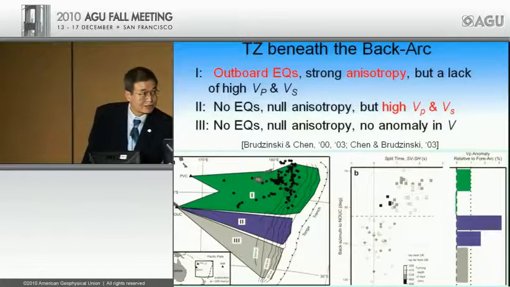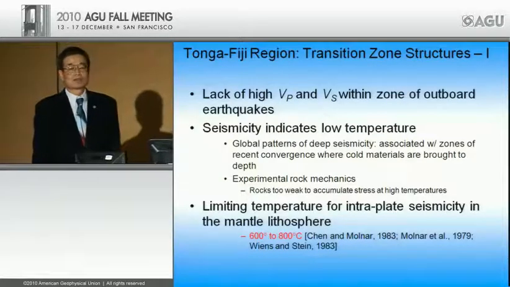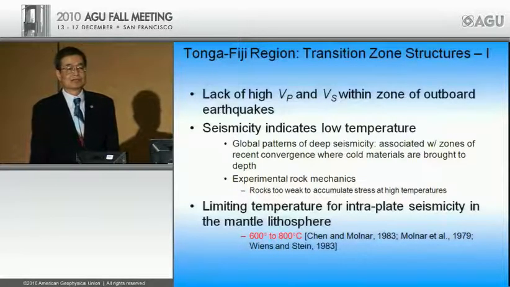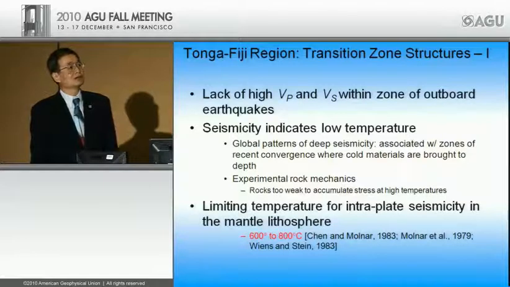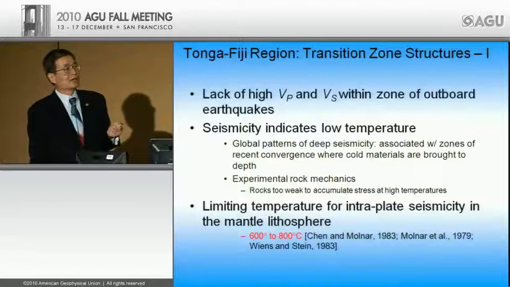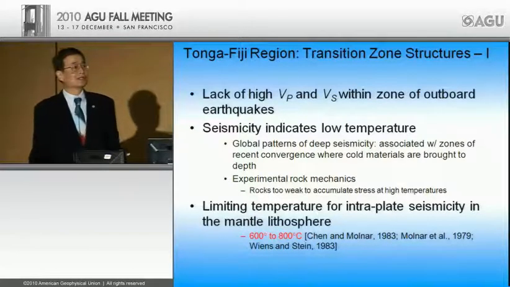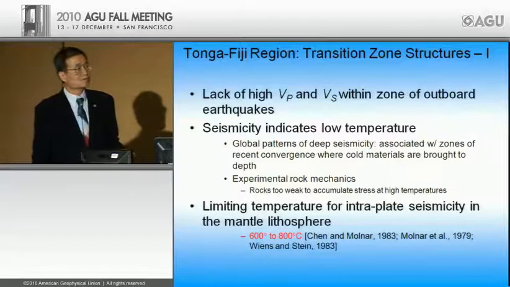This is actually very surprising because if we have earthquakes, we should expect low temperature, which should raise the speed of both P and S waves. But we don't see that at all when we have outboard earthquakes. Now, this is not just another assumption. It's well established that seismicity requires low temperature because the global pattern of deep seismicity is always associated with zones of recent convergence.